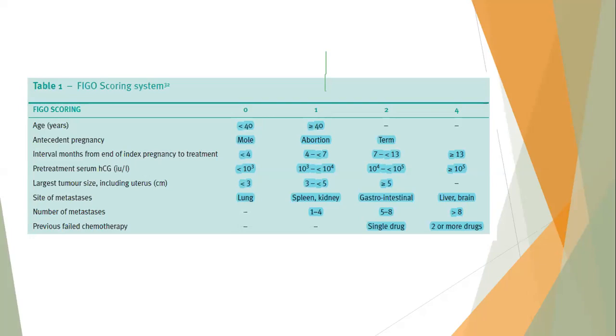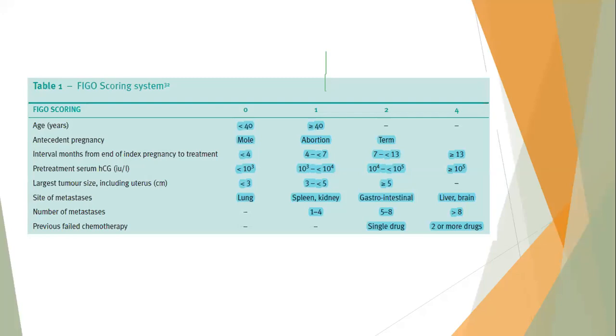It is including uterus here because maybe the largest tumor is a metastatic portion, or we discovered it by metastasis. So the metastasis is the size of the tumor we will be measuring. Site of metastasis: lung, spleen or kidney, gastrointestinal, liver or brain.